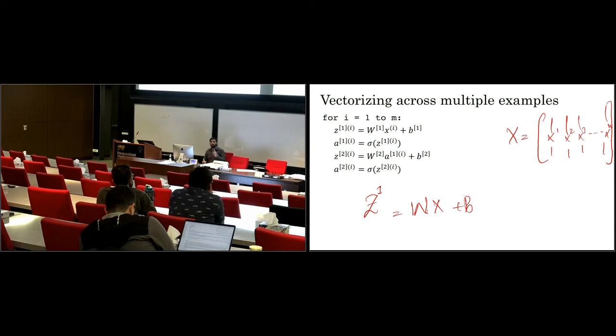So now Z is not one vector, it's a matrix. Each column has Z for one element of your data, one column of your data.